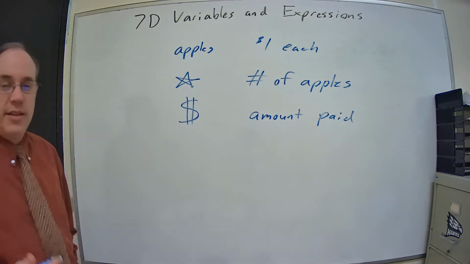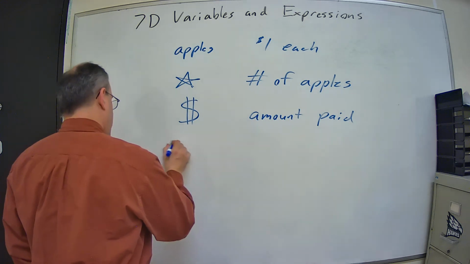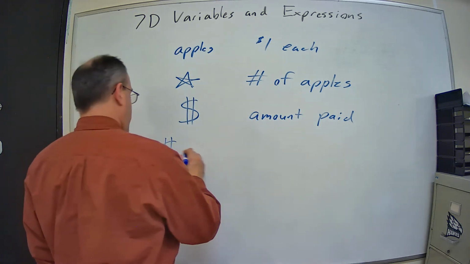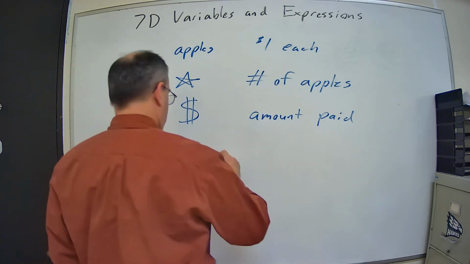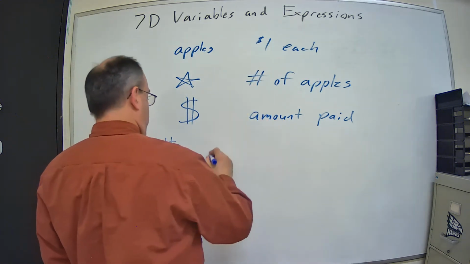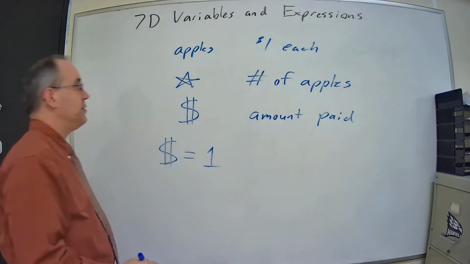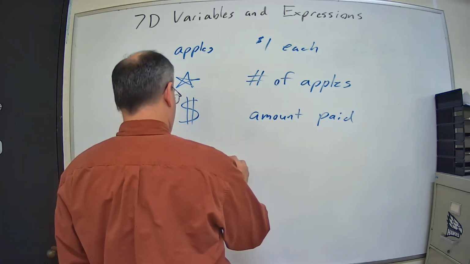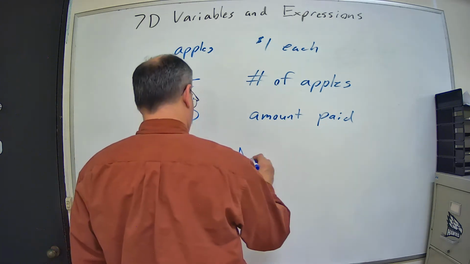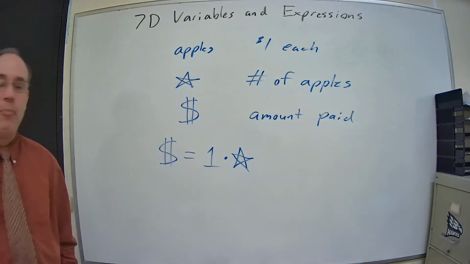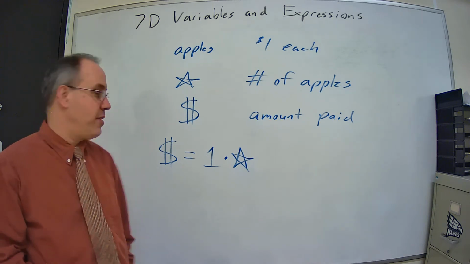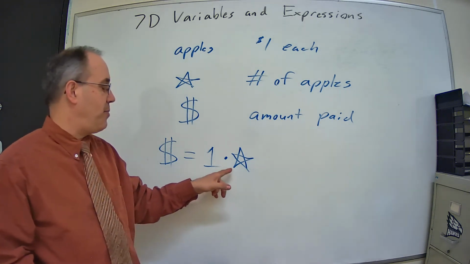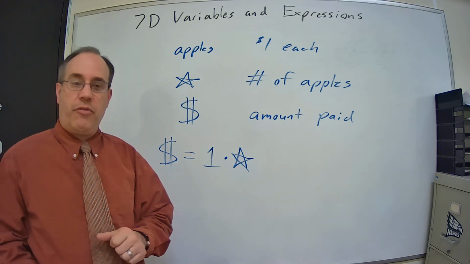And I can write this equation that says the amount paid, this dollar sign, is equal to 1, the cost per apple, times the number of apples purchased. So the total amount paid is equal to $1 times the number of apples purchased.